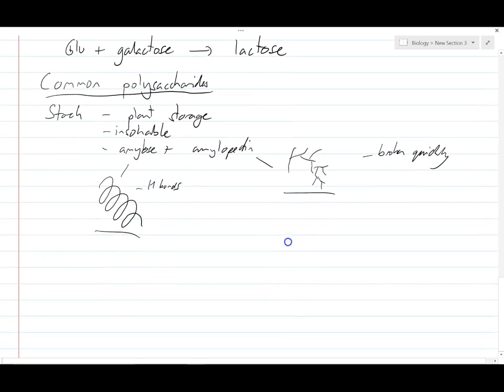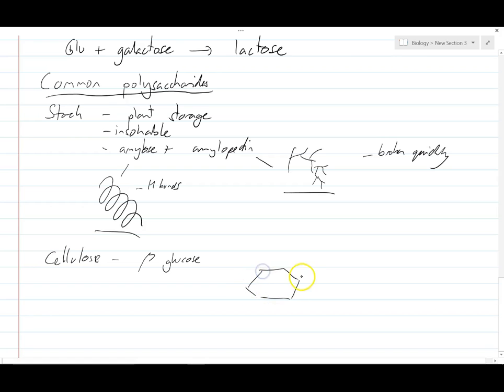So the next common polysaccharide, sticking with plants, is cellulose. And as I said before, cellulose is made up of beta glucose. So how is beta glucose different? Well, a molecule of beta glucose, I won't draw it all out, it's very similar.